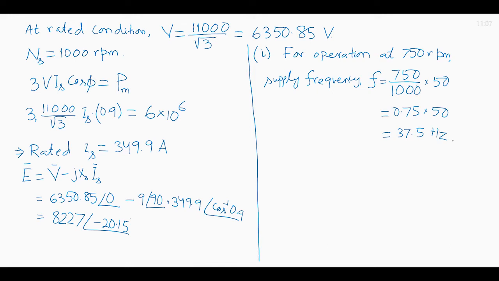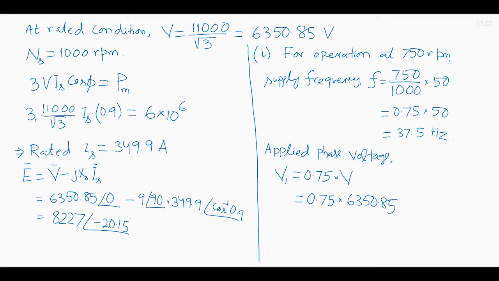Because of constant V by F ratio, the applied phase voltage, which I have written as V1 because it is different, is 0.75 times the rated voltage, since the frequency ratio is 0.75. 0.75 times 6350.85 comes as 4763 volt.